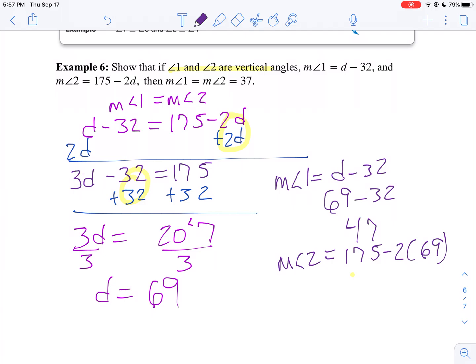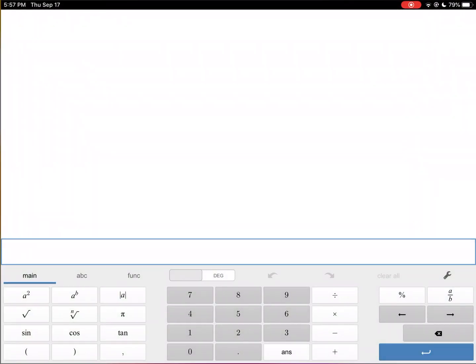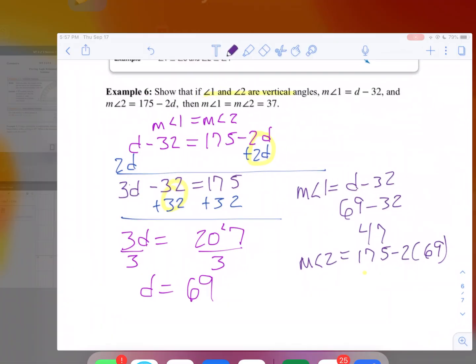Well, I think I'm going to use the calculator here. 175 minus 2 times 69, and I get 37. What happened there?